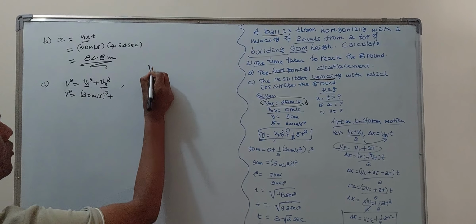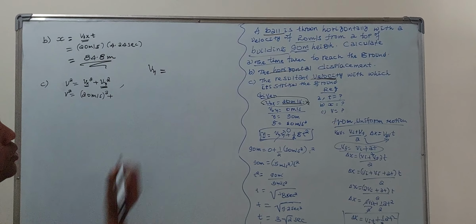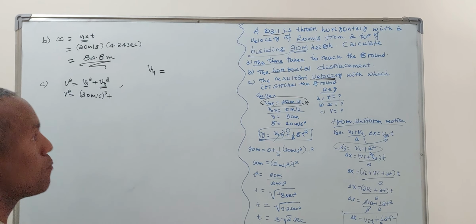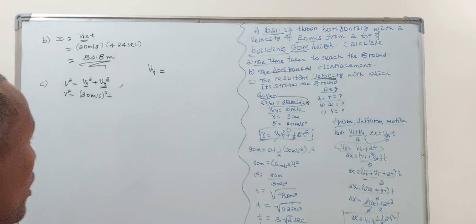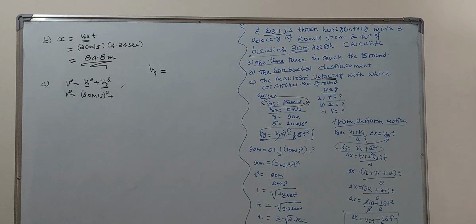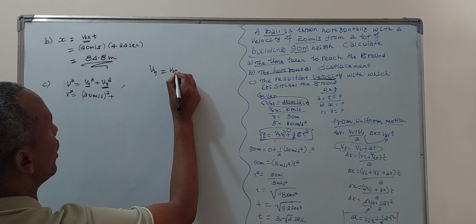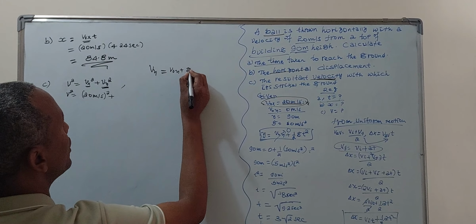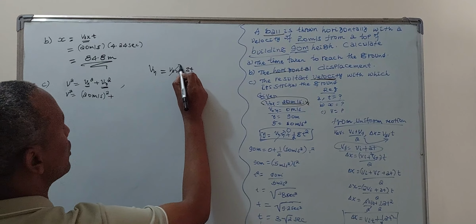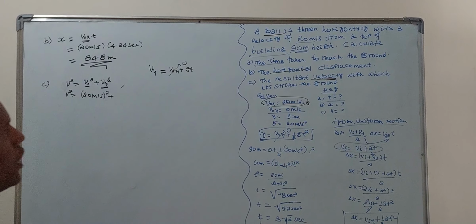To calculate vy from projectile motion, as you know, we can use the equation vy equals vy naught plus gt. This term vy naught is 0, as you can see, we don't have a vy naught.